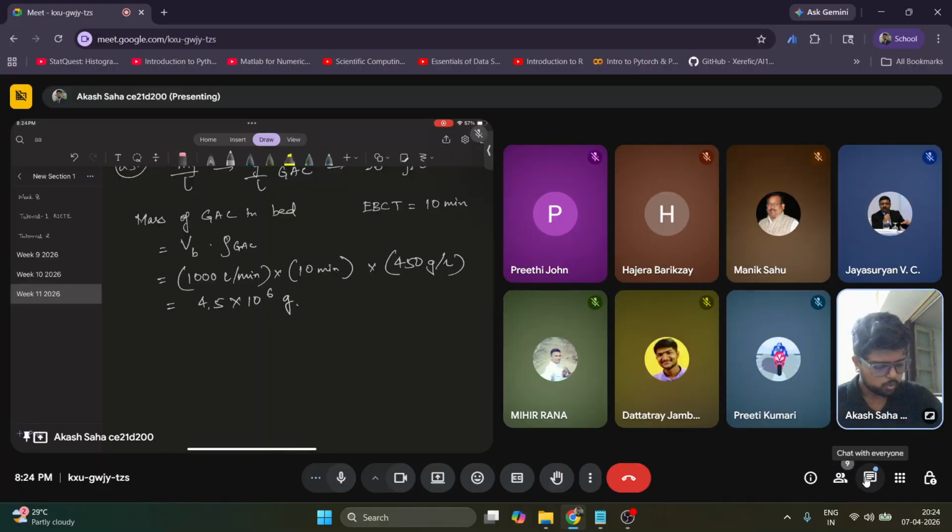Okay, so that much mass of GAC in the bed is required. How much volume of water can be treated? The volume of water treated will be equal to the mass of carbon required for the given EBCT of 10 minutes, divided by the rate of utilization. If empty bed contact time increases, the mass of carbon will also increase.